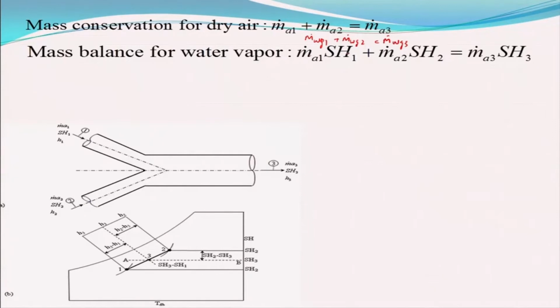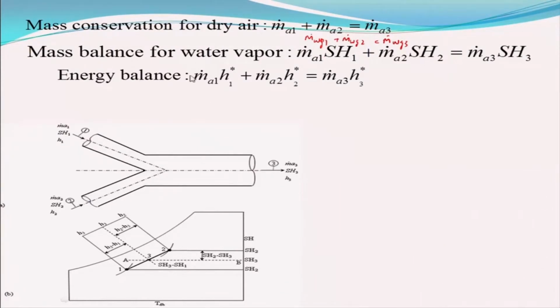We can express that in terms of specific humidity: m dot A1 SH1 plus m dot A2 SH2 is equal to m dot A3 SH3. With this, the water vapor can be expressed in terms of the mass of air and their respective specific humidity.